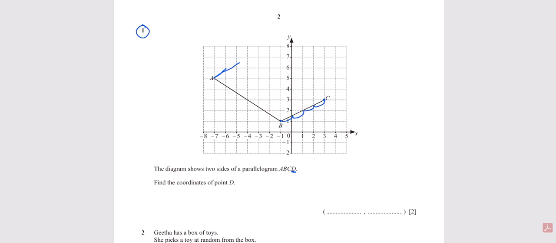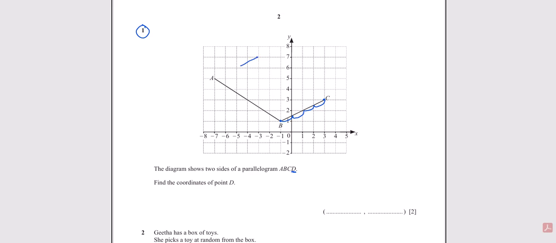If we draw by scale, this one is 4 points, this is 1, 2, 3 and 4, and draw a line here.